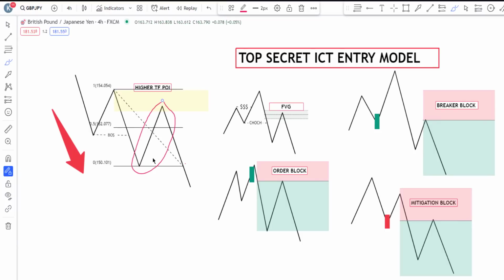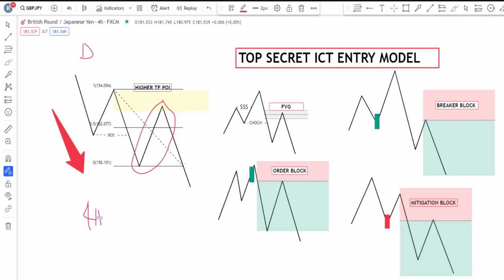In this retracement, let's assume this movement is happening in the daily time frame. If we drop down a time frame lower or two time frames lower, let's say the 4-hour time frame, we're going to see this particular retracement differently. It is not going to be as smooth as you see it here.